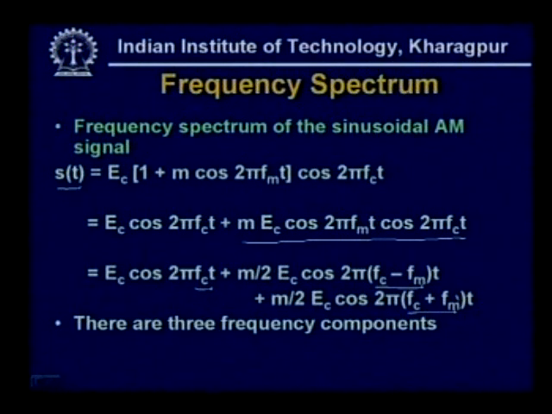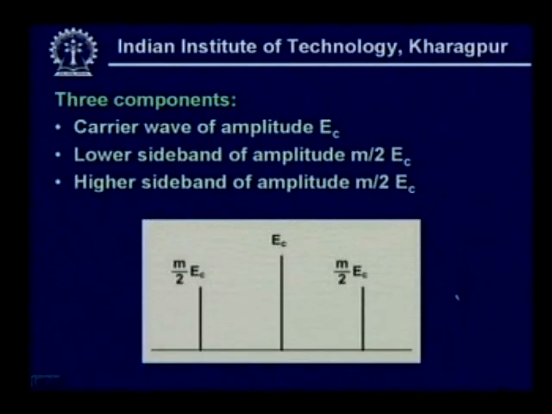So, after modulating a sinusoidal carrier with the help of a sinusoidal modulating signal, we get 3 frequency components and their respective amplitudes are shown in this diagram. Here we see we get a carrier of peak amplitude Ec, we get the lower sideband, this is known as the lower sideband, this is your carrier and this is your upper sideband or higher sideband.